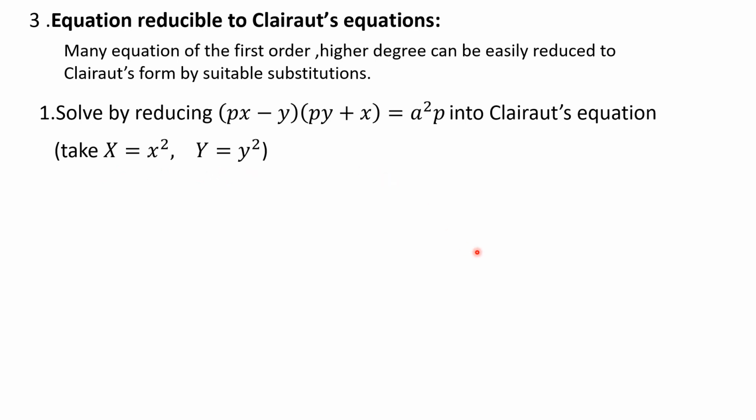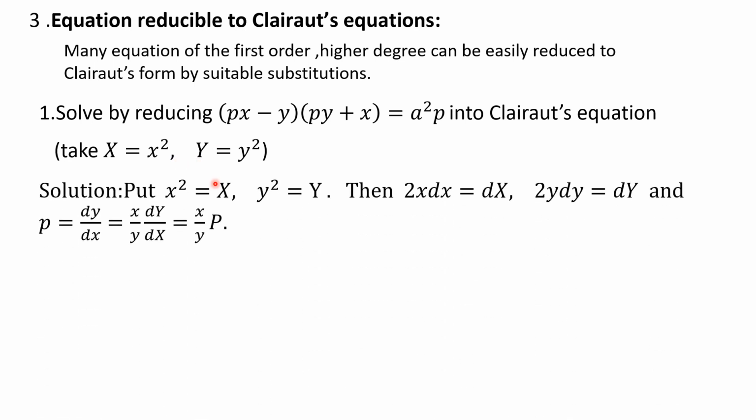Once we have the x square term directly we can substitute it as capital X, y square we can substitute it as capital Y. So I don't want to substitute for x and y, instead wherever possible, try to substitute directly for x square, y square. And meantime the letter p here is the derivative of y with respect to x, that is the earlier variable. So now we have to change it to the new variable.